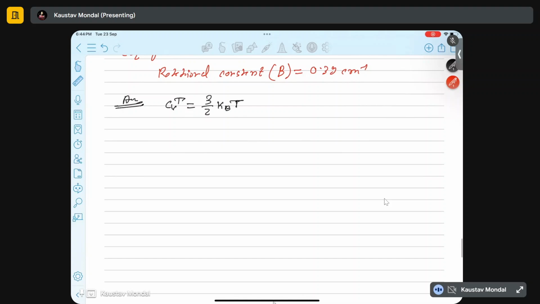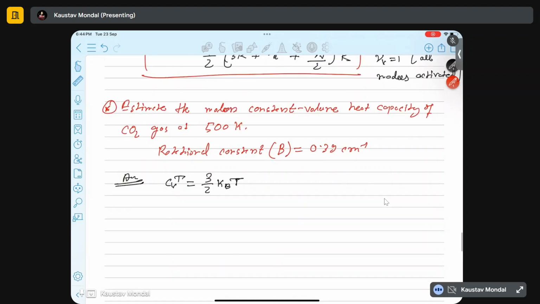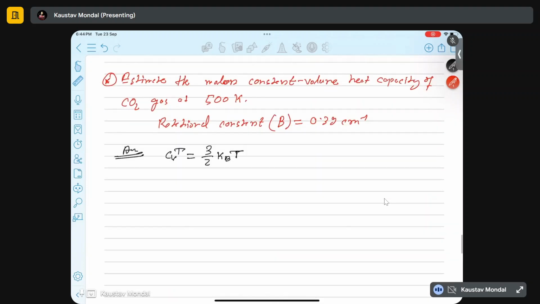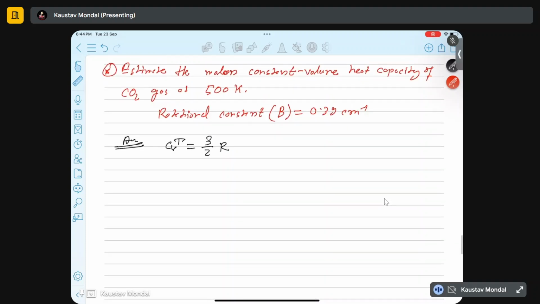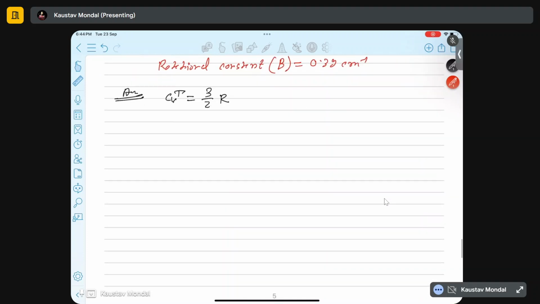This is common, a 3D system. Definitely, CV translational will be simply 3 by 2 R, sorry, 3 by 2 R, not kT. Next comes the rotational part. This is the translational. Now comes rotational.